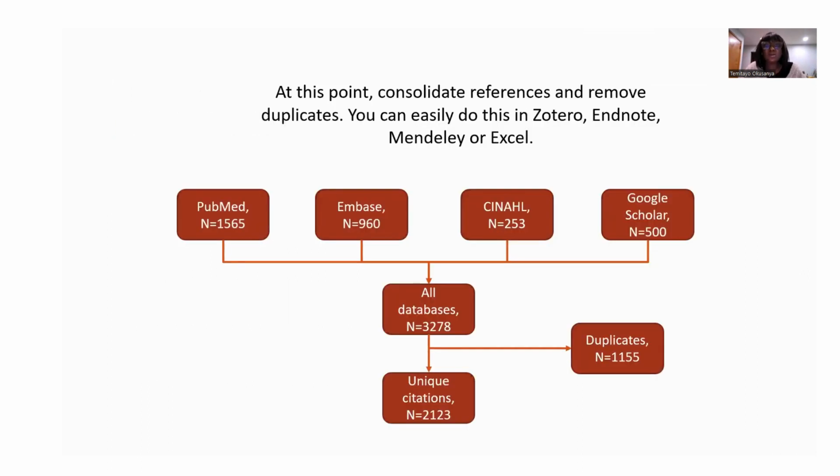Next, this is a more detailed explanation of the previous slide. Like I said, you would have used your terms to search for papers from all the search engines. When you come together, you probably have about 3,278 papers across all the search engines you used. Then you realize that you have duplicates, about 1,155 from the 3,278.